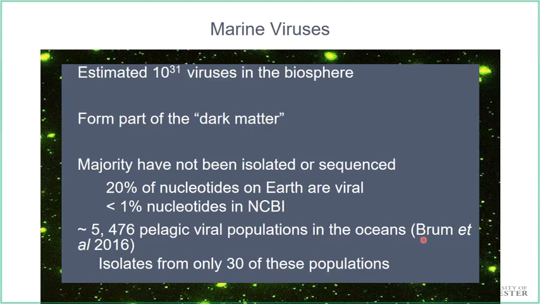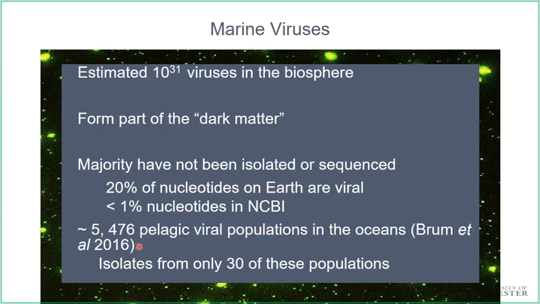What do they mean by a population? In a taxonomic framework, a viral population is roughly equivalent to a genus. So there were 5,500 genera in the oceans when they did this in 2016.